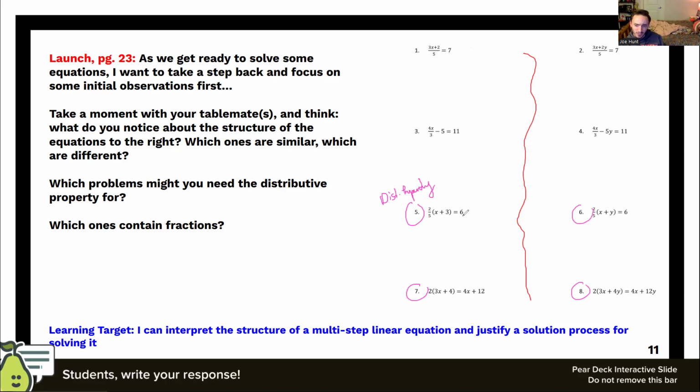Something else that I'm noticing is that pretty much all of these problems involve a fraction. Problem number 5 is going to involve multiplying a fraction onto x plus 3, but problems 1 and 2 involve getting two terms divided by 5. Problems 3 and 4 have a term divided by 3.